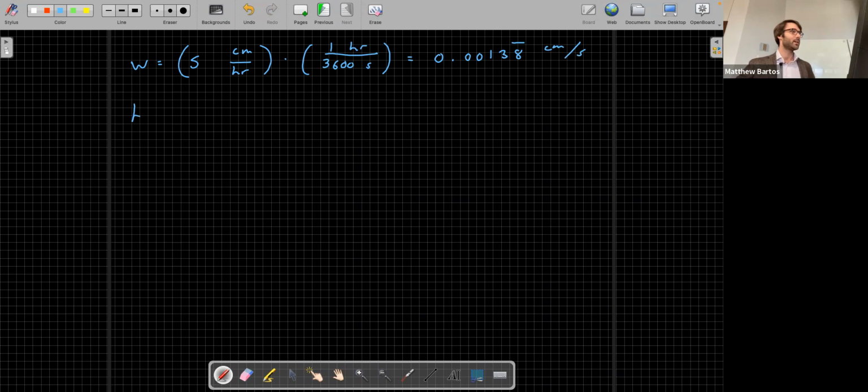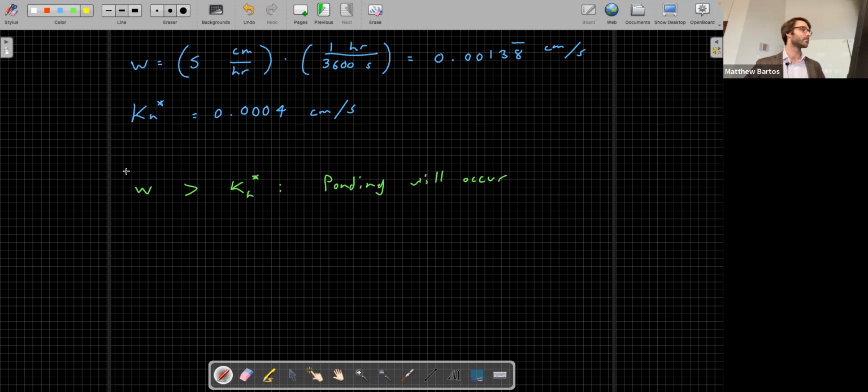Okay, and remember our KH star was equal to 0.0004 centimeters per second. So will ponding occur or will ponding not occur? Ponding will occur. Okay, so we have that the rainfall rate is greater than KH star, and thus ponding will occur. Okay, so this is the same procedure you're going to use on your homework.